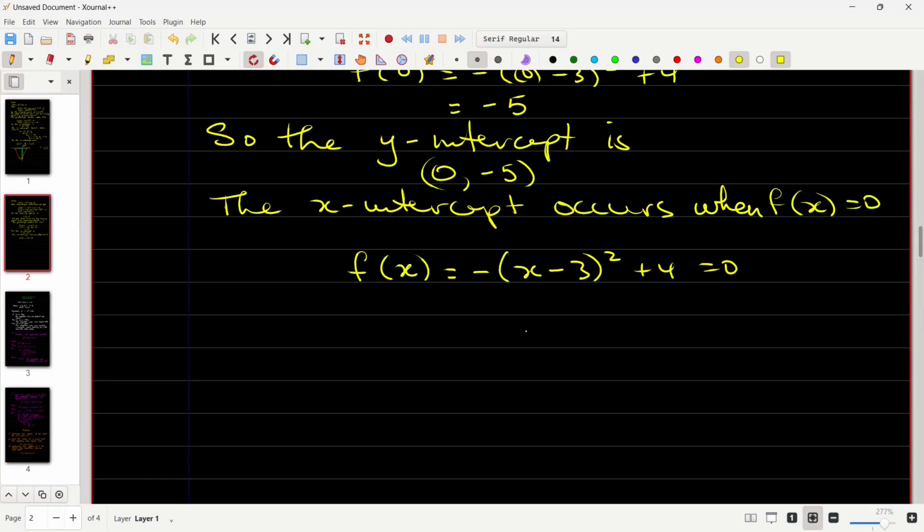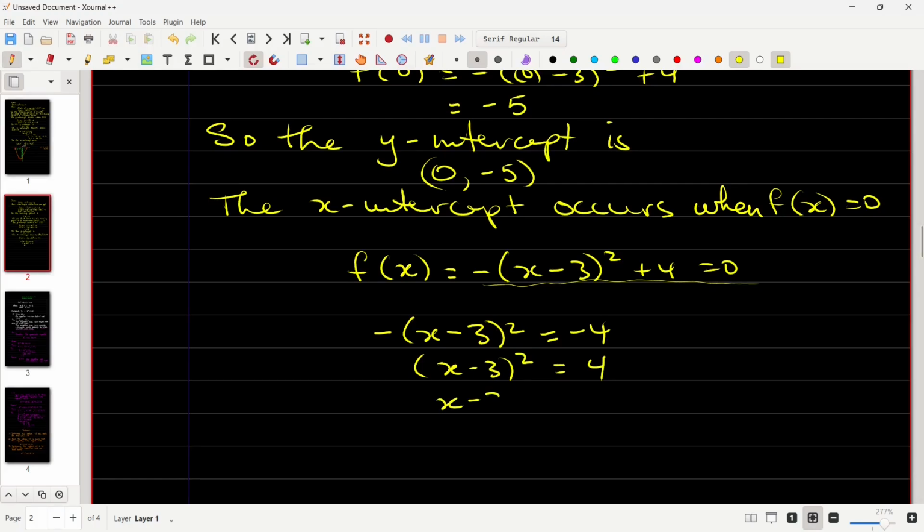And I'm just going to take the other section over here and move it from there. So minus, open bracket, x minus 3, close bracket, squared is equal to minus 4. And then we have here x minus 3 squared would be equal to positive 4 because I'm going to divide both sides by negative 1. Then I'm going to have that x minus 3 is equal to the square root of 4, plus or minus, which is plus or minus 2.